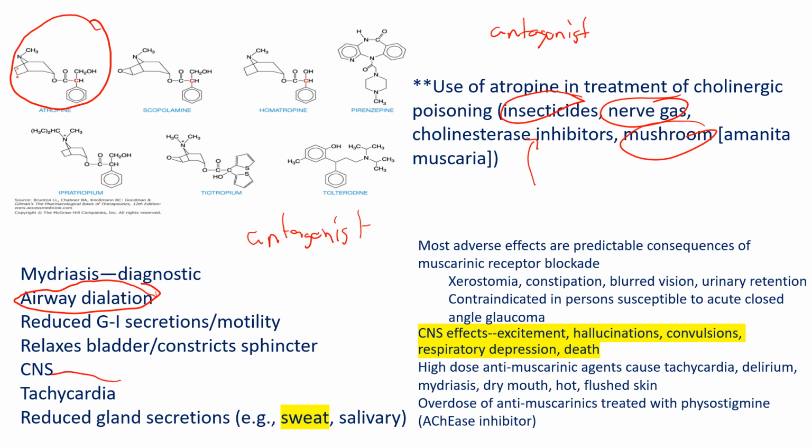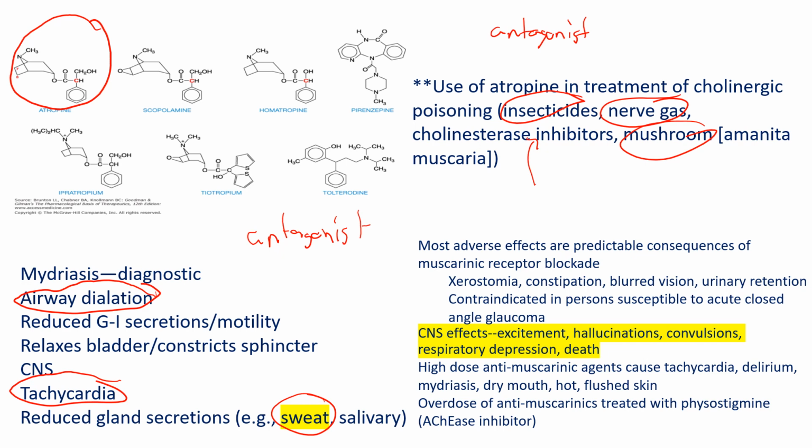Same with high heart rate, reduced secretions. Also, sweat is a key one here, because if you remember, sweat is a sympathetic response. So you'd be able to differentiate if it's sympathetic versus parasympathetic based on that symptom. But reduced secretion is also adrenergic. Yeah, and mydriasis, right? People's pupils dilating, that's also sympathetic.